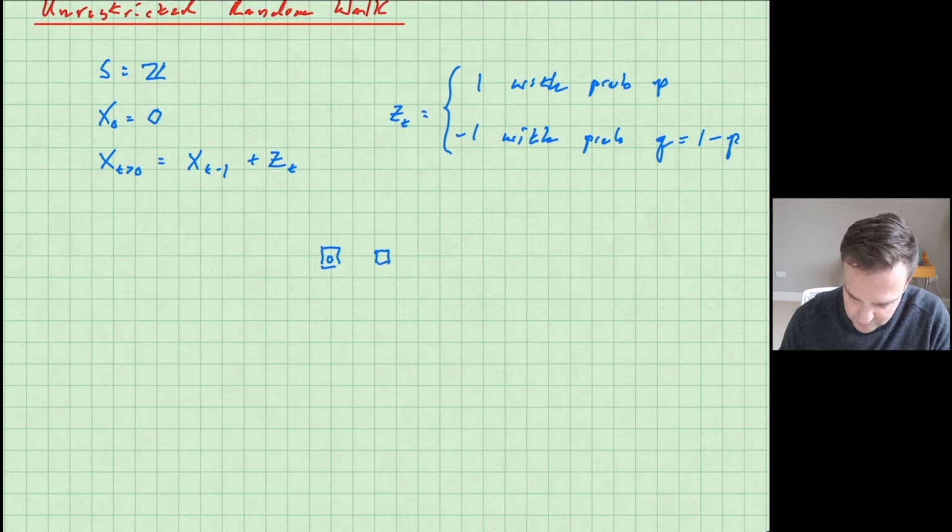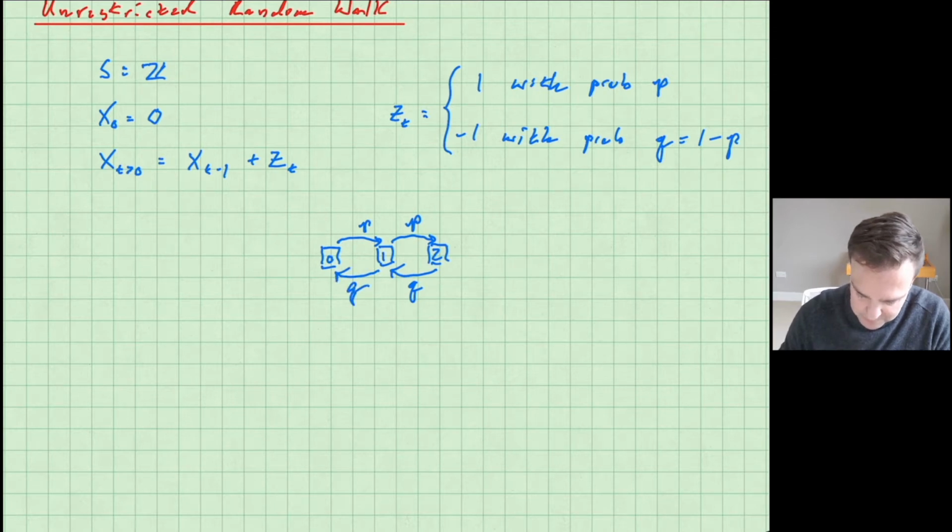But if z is 1 on the first time step, then you advance to state 1 with probability p. That can happen, and so on. And you could go to 2 from 1 like this. You could go back from 2 to 1 with probability q. So all these states are the same. They're all linked together.